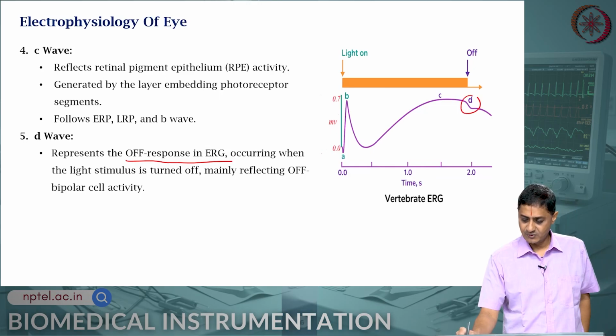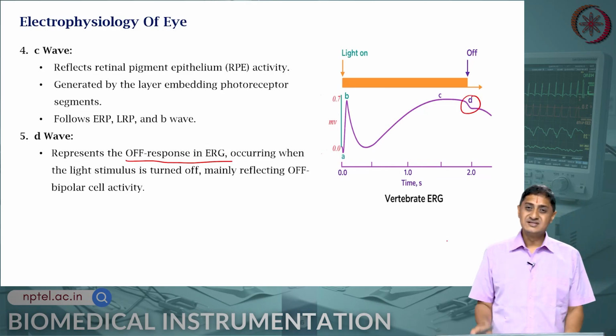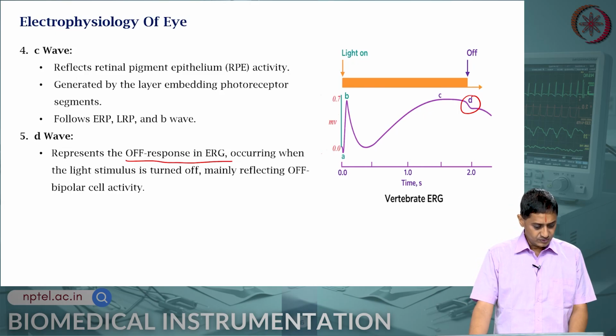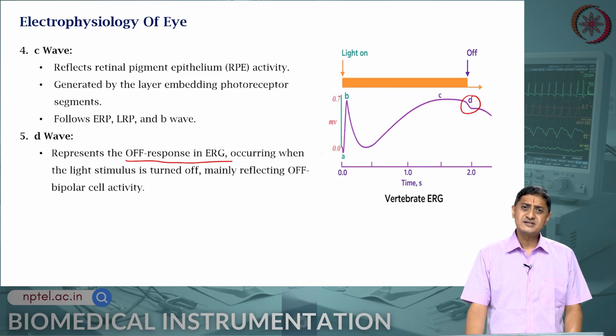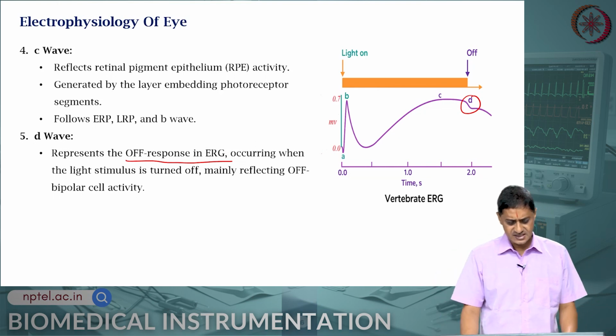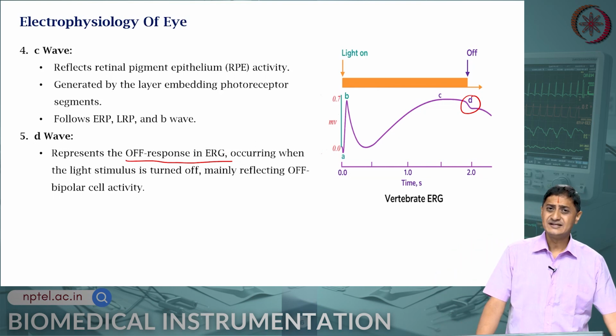This happens when the light stimulus is turned off, reflecting the bipolar cell activity during the off state. Now, different components or changes in different components of this ABCD ERG essentially is reflective of different diseases.